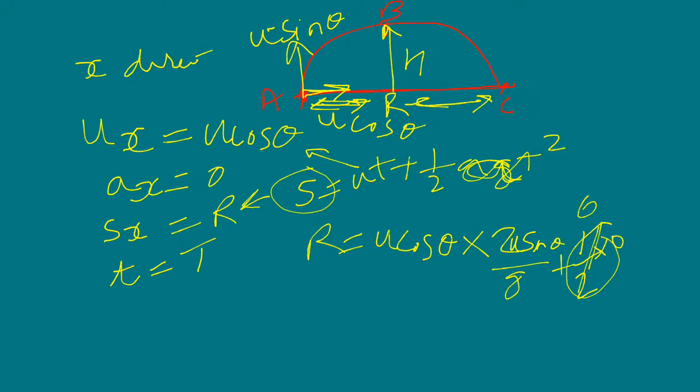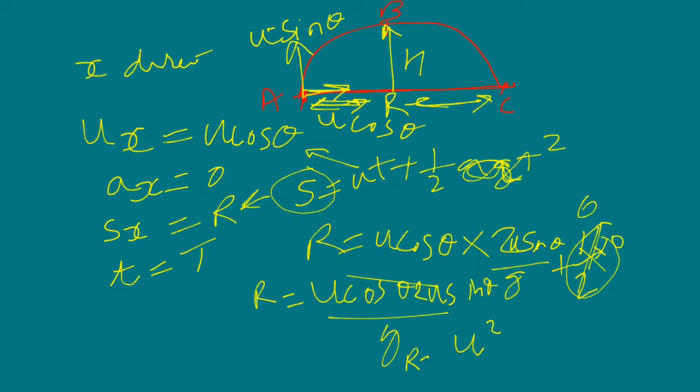So now r equals u cos theta into 2u sin theta upon g. These two u's we will write as u square, so r equals u square 2 sin theta cos theta upon g.